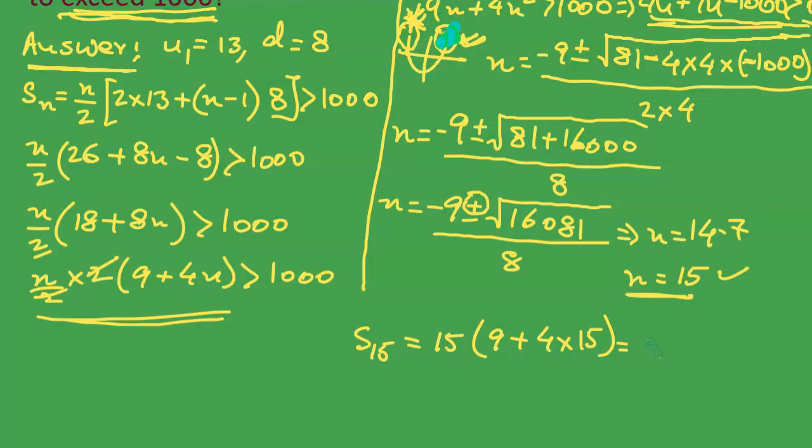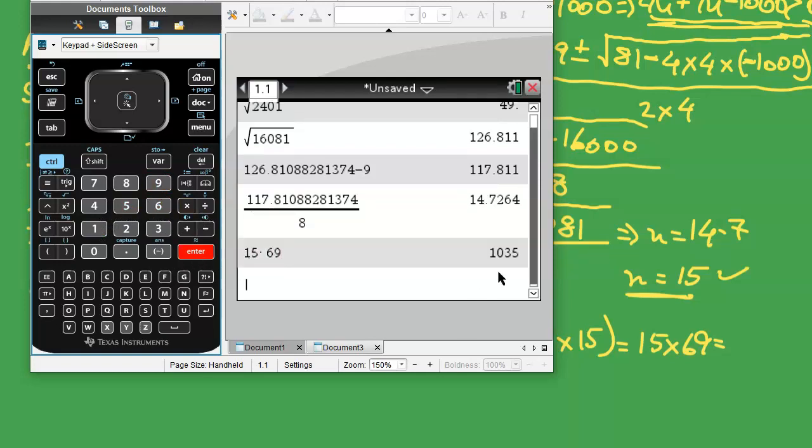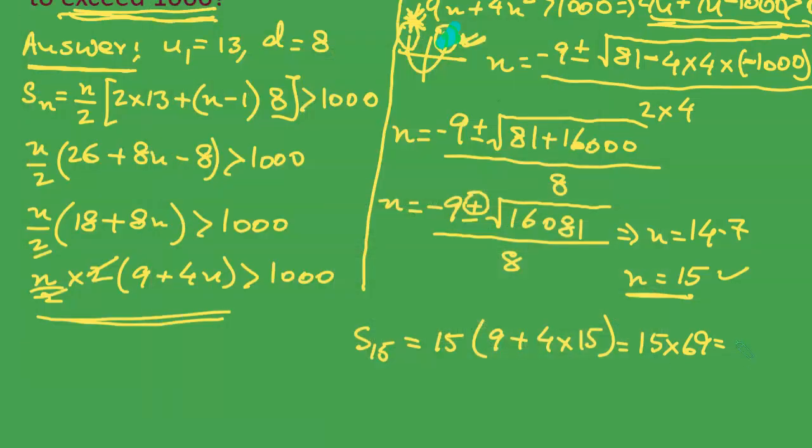So it is 15 times 69, which is 1035. It is more than 1000. This is 1035, which is greater than 1000.